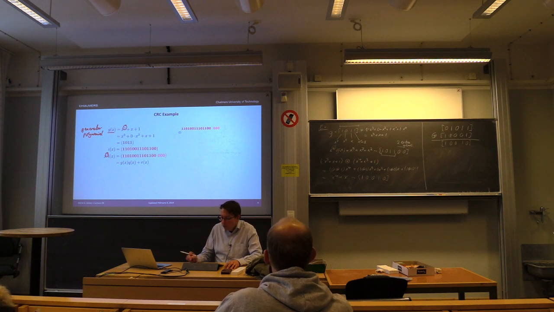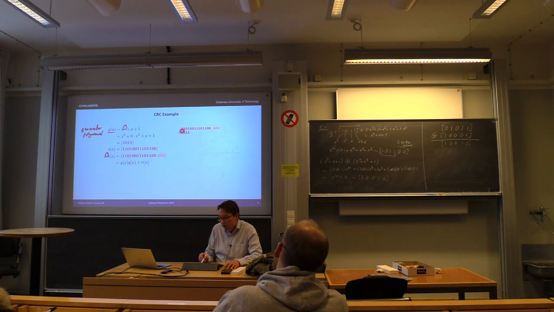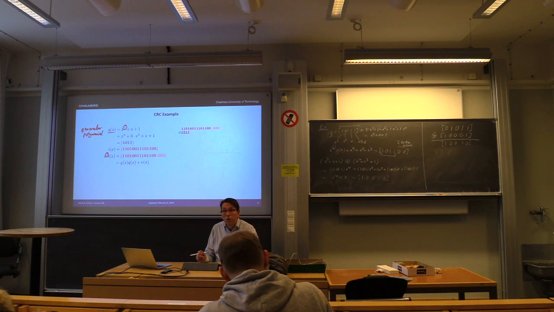The first thing we do is put the generator polynomial where the first leading one of the information polynomial is, and then we align the bits of the divisor there. And then we add this modulo 2 as we've done before.